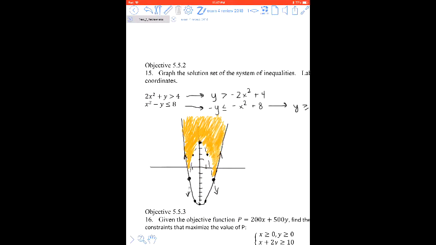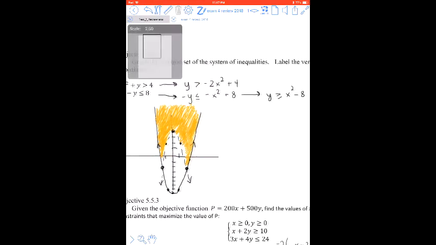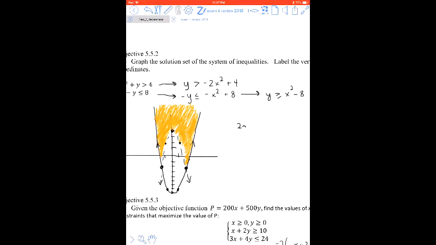So if we go back here and rewrite that as 2x squared plus y equals 4, and x squared minus y equals 8.